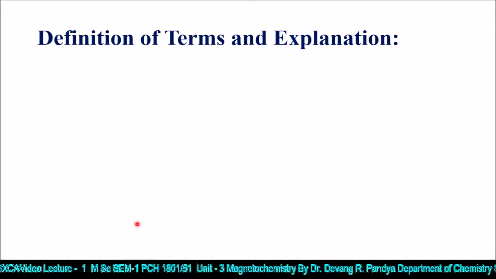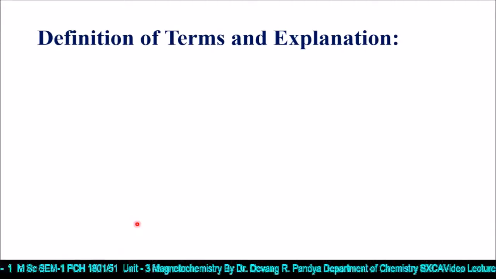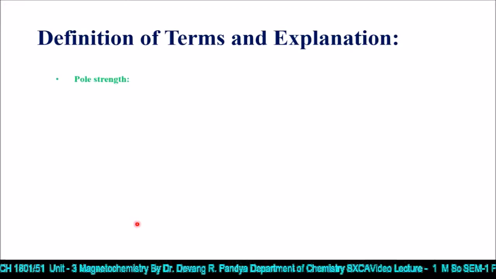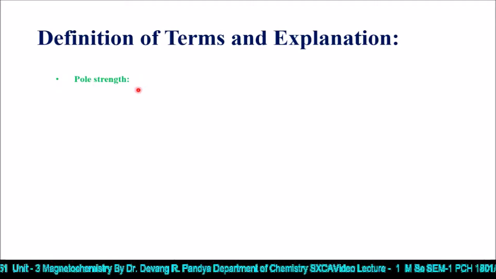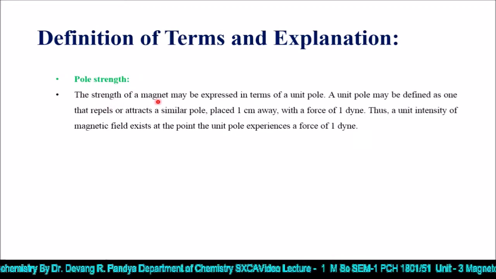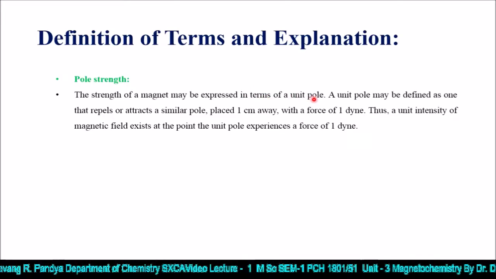In magnetochemistry, certain different terms are used. We need to understand those terms before we study the complex theories of magnetochemistry. First is pole strength. The strength of a magnet may be expressed in terms of a unit pole.